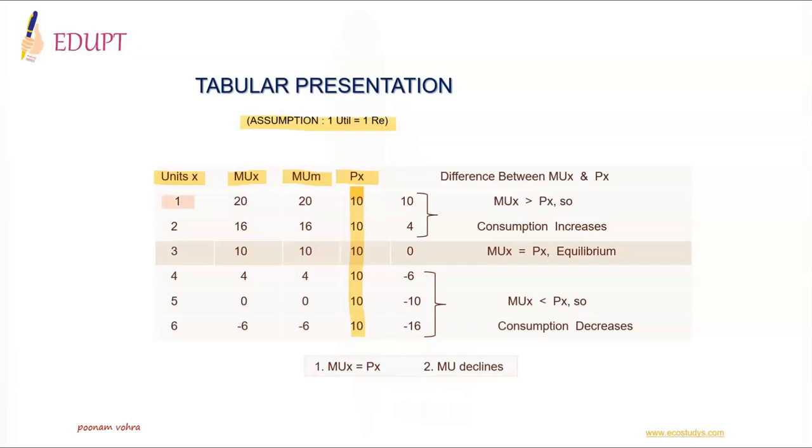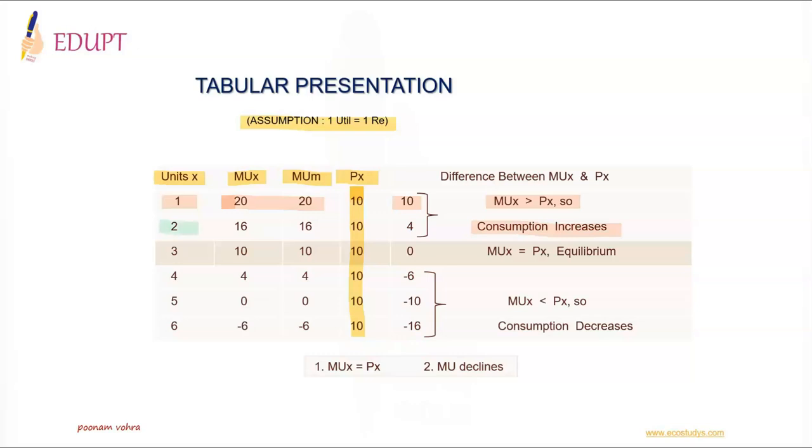When 1 unit of commodity X is consumed, marginal utility in util terms as well as in money terms is 20. By comparing it with the price, he finds that marginal utility is greater than the price of X and the difference is 10. So consumption is increased.